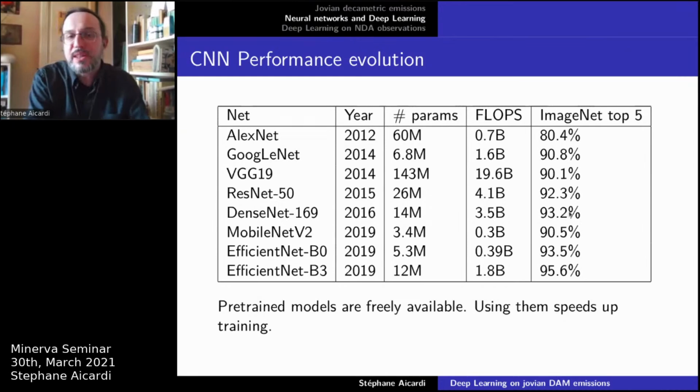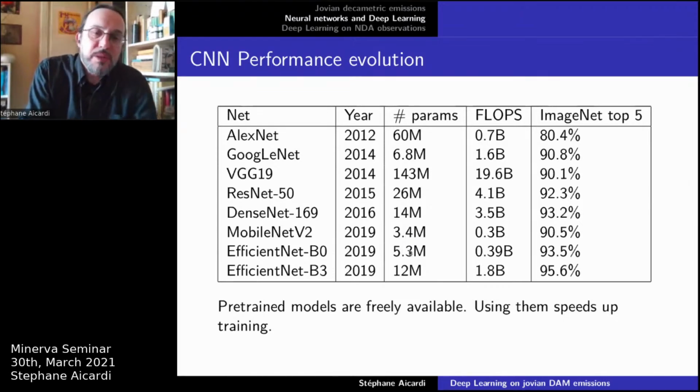Same with DenseNet, but slightly better. With MobileNet, we can see that we have around the same performance as VGG, but with way fewer parameters and flops. And with slightly more parameters, EfficientNet can do much better.